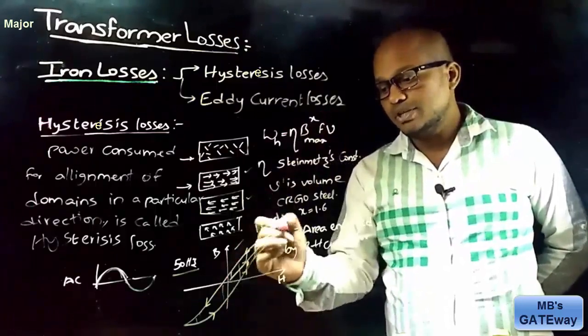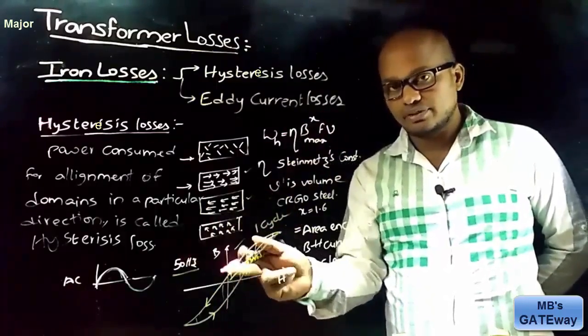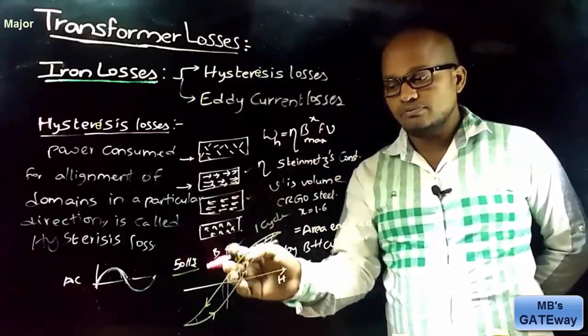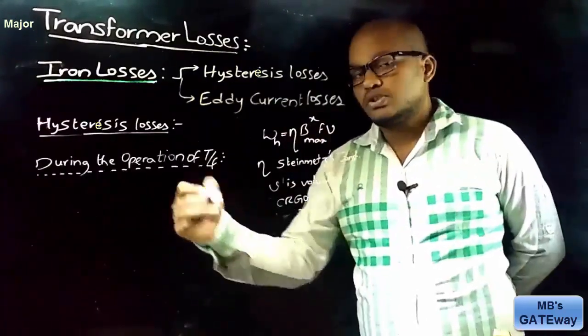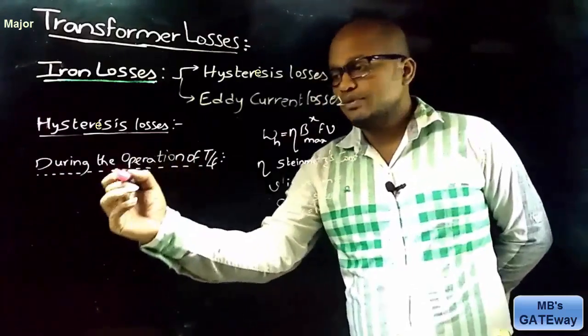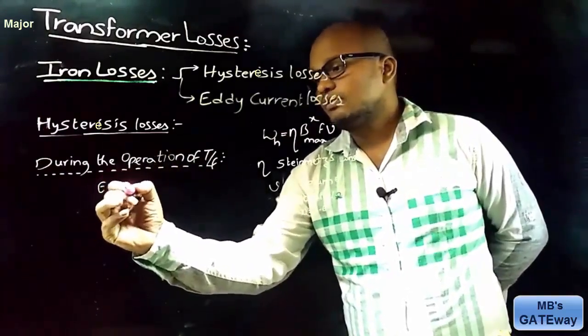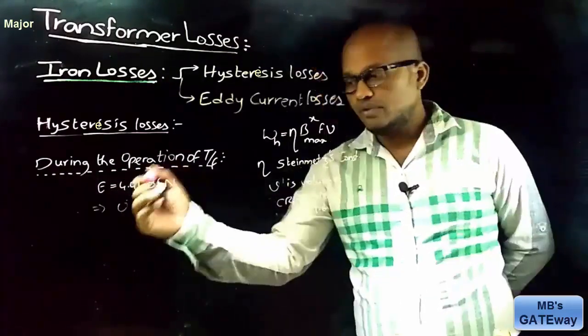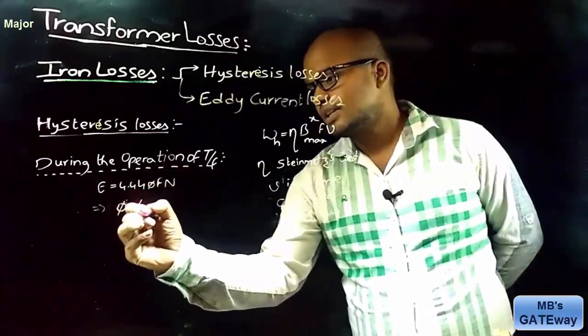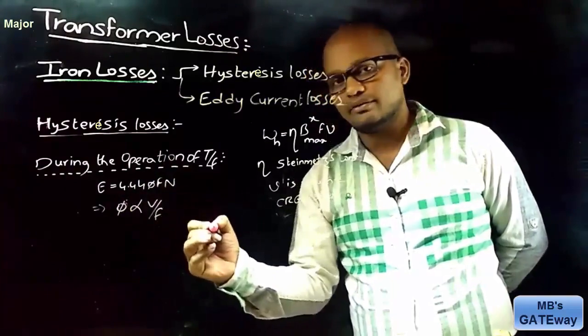The number of BH loops depends on the input supply frequency, so for 50 Hz input we get 50 enclosed BH loops. During the operation of the transformer, as we know the induced EMF is equal to 4.44 phi F N, from which we get the relation phi is directly proportional to V by F.